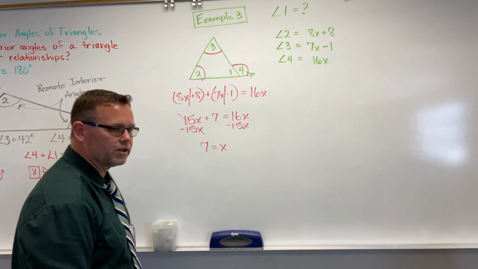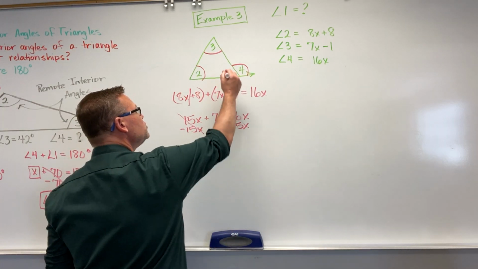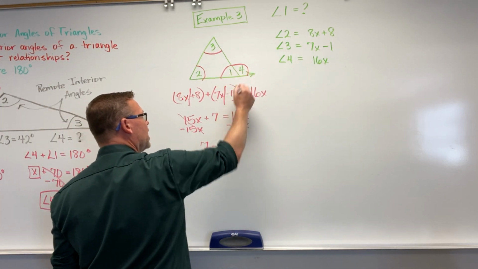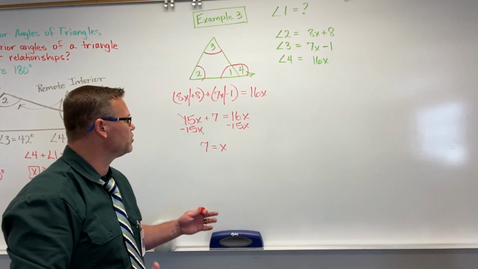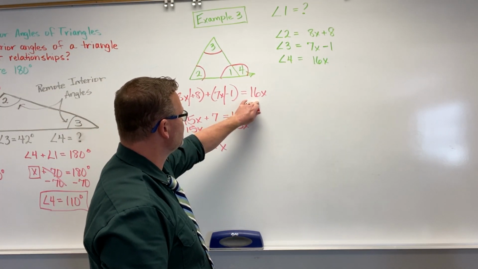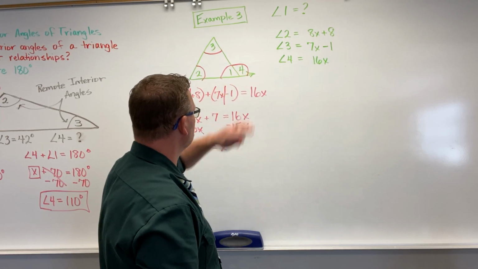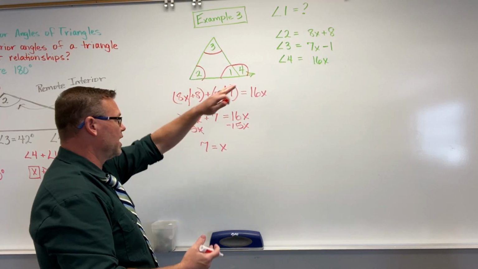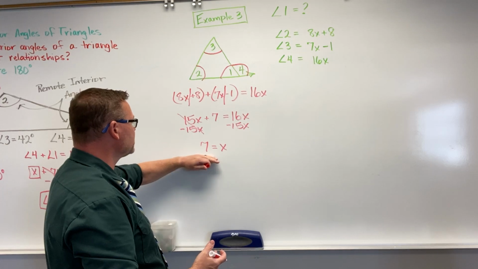Okay, so now I look at this and I go, okay, these two are supplementary angles. In other words, they equal 180 degrees. We just found out that 16x is angle 4, right? That's what it is, angle 4, and that x equals 7.